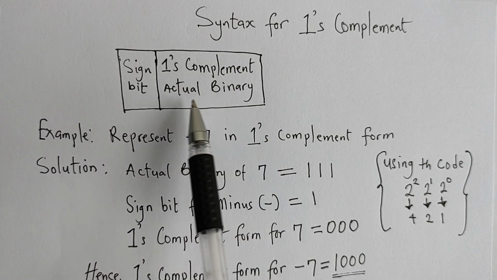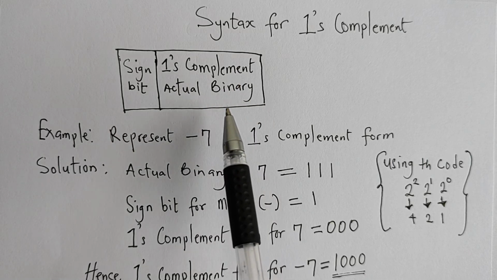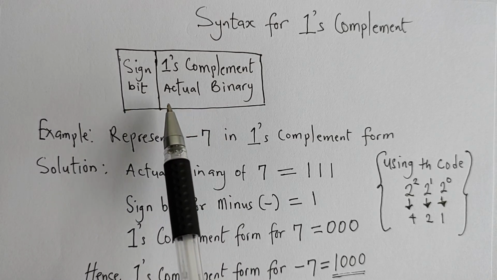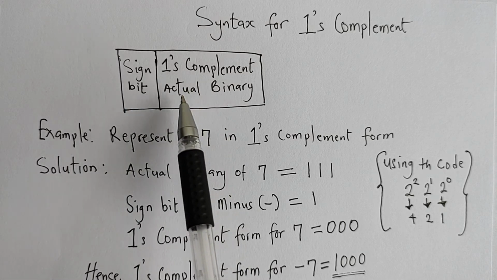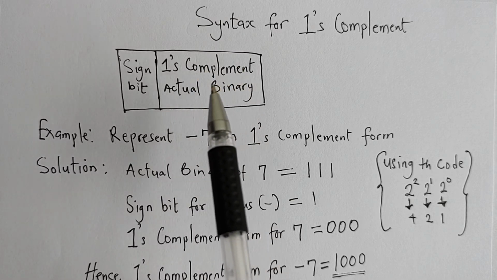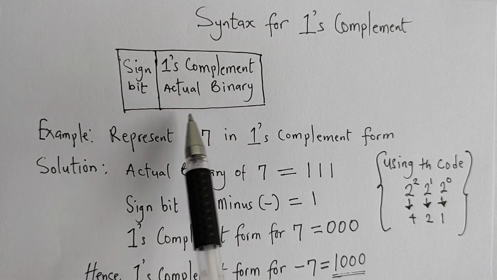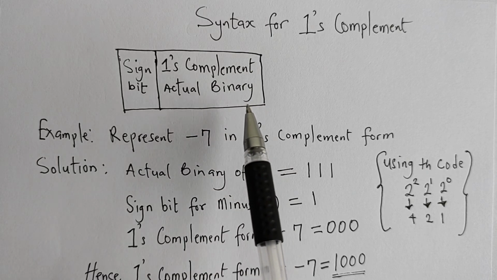This is also known as the magnitude bit. So the first one is called the sign bit, and the second part is known as the magnitude bit, which is the actual binary. This is where you're going to be carrying out all your operations.